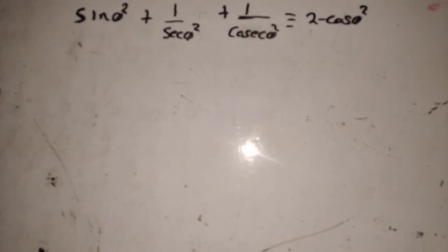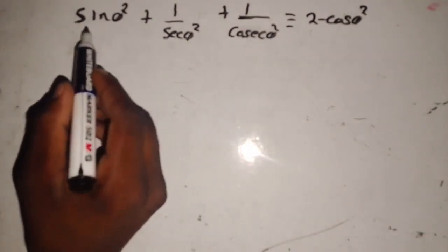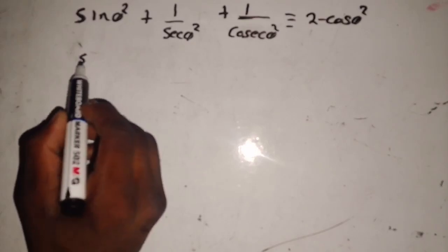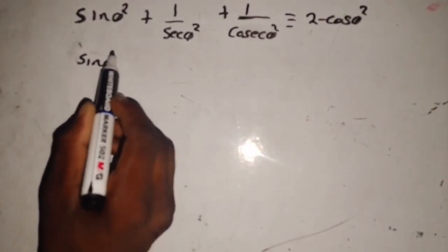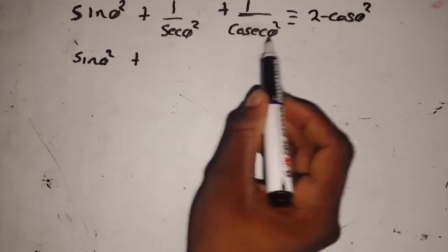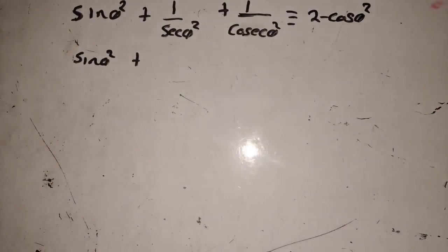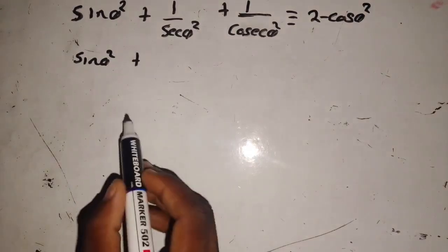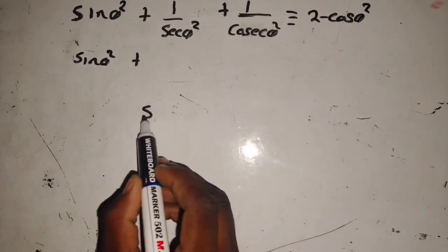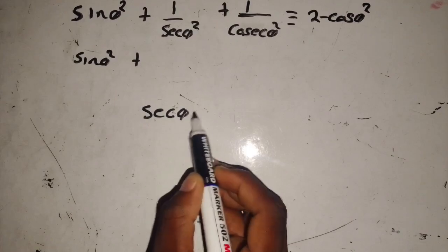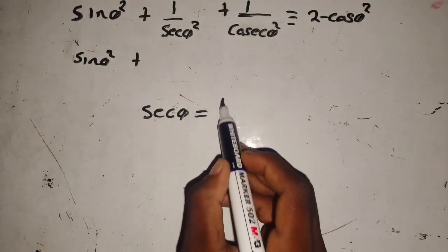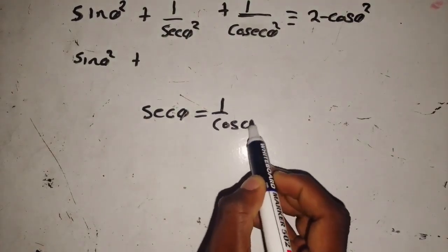So we're going to rewrite our sine theta squared plus, here you look for a common denominator. Rather than that, you can also do this. You know that sec theta is equal to 1 over cos theta, isn't it?